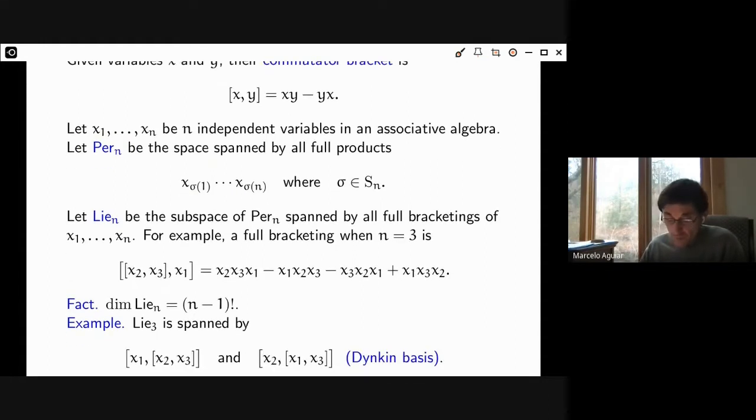We want to look at this particular subspace of the space that we just defined, which is spanned by all full bracketings of the n variables. So this is what I mean by a full bracketing. For example, when n is 3, first of all, I have to choose an ordering for the n variables, any of the n factorial orderings.